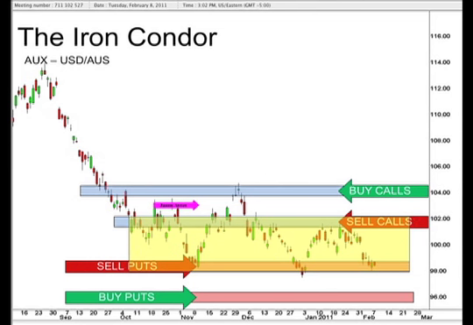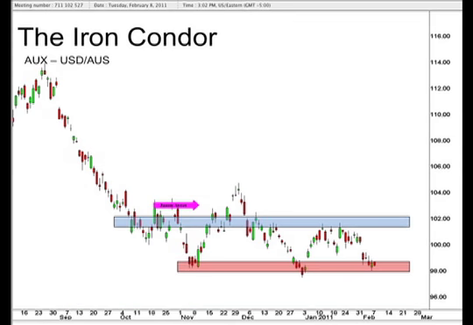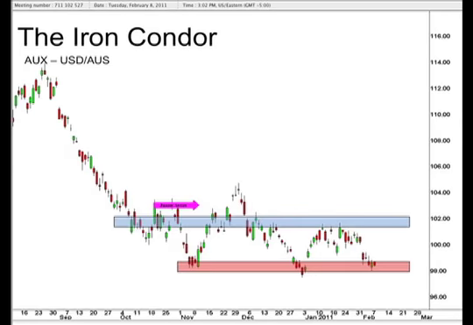Now, just a great question from Tina here: are we talking debit or credit? Well, these are credit spreads. So if we go back and talk about how this strategy was put together, we're talking about identifying a resistance level up here at 102.